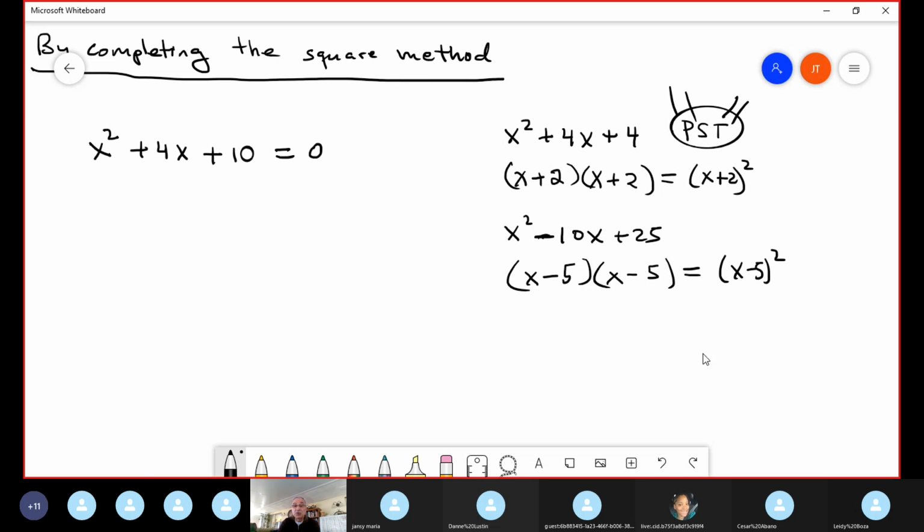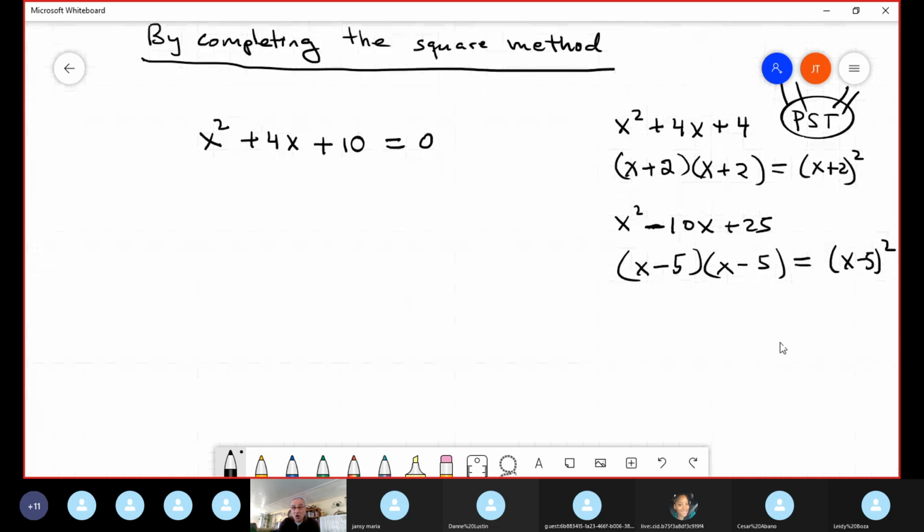So we use this idea. But unfortunately, this trinomial is not a perfect square. I am in big trouble because 10 is not matching very well, but I try to enforce the situation. How? Well, you copy x squared plus 4x.